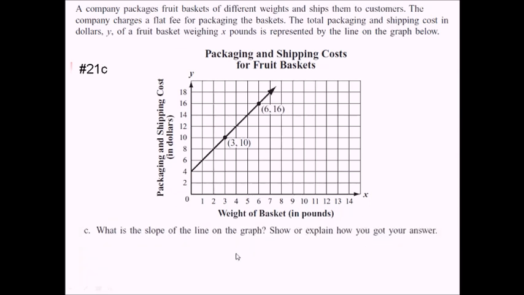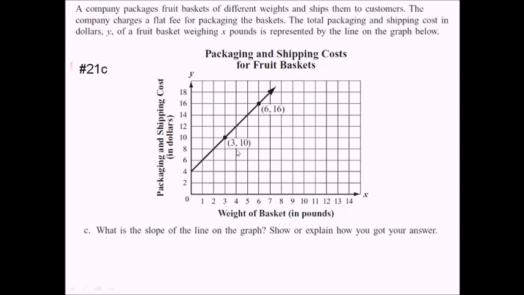For C, we want to know the slope of the line on the graph and explain how we got the answer. So we can just do y2 minus y1 over x2 minus x1, change in y over change in x. But which x and y value should we use? Well, this graph appears to go through a lot of different corner grid lines, so we have a lot of choices, but they actually gave us these 2 points here.